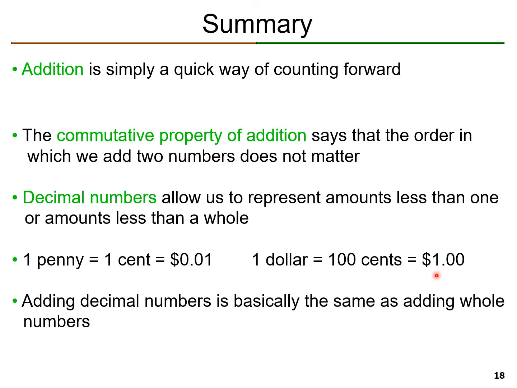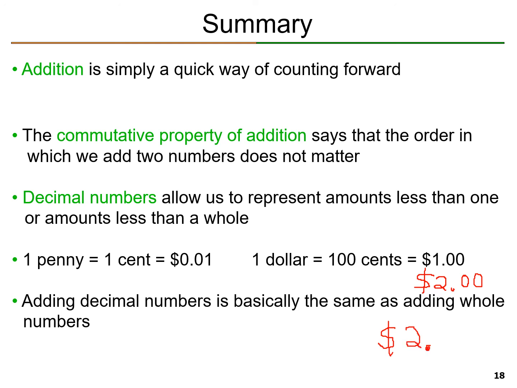So what would $2 look like? So $2 would simply be 200 cents, which is 2.00. Now, what about $2.35? $2.35 would have a 2 in the ones place.